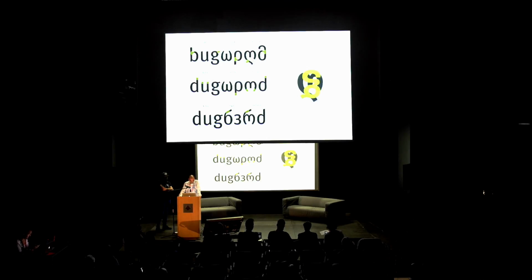It is also important to have connections with other scripts. If we consider that Georgian script developed from the ancient Greek script, it is not surprising that some letters have a relation. For example, this is the Georgian on, and this is Greek omega.